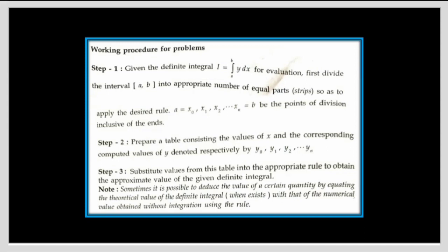Next, prepare the table of values x0, x1, x2 and the corresponding computed values y0, y1, y2. Finally, substitute the values from this table into the appropriate rule to obtain the approximate value.